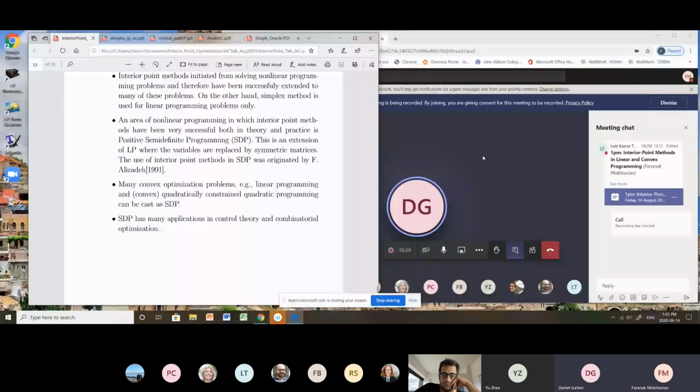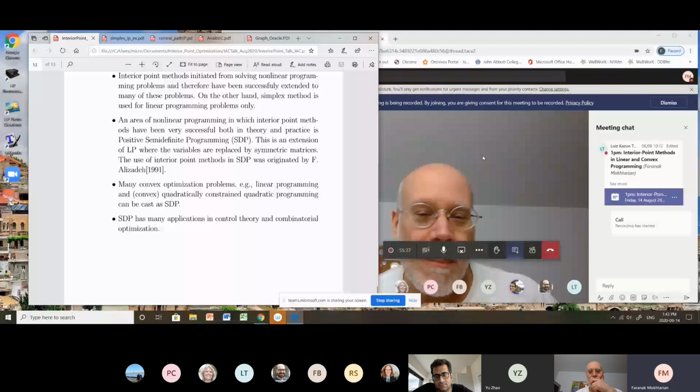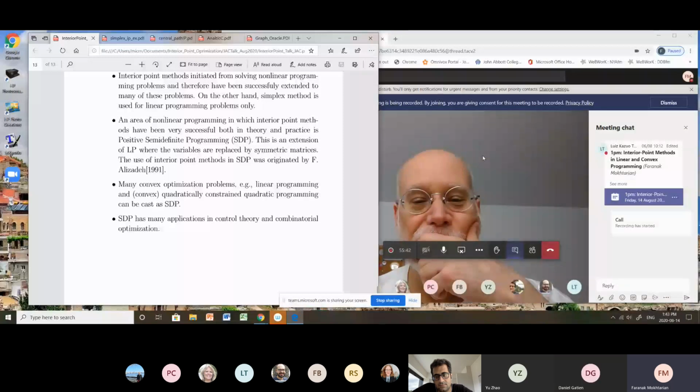Yeah, that's right. Actually Karmarkar in 1984 started the revolution. Until the early 1980s, it was just the simplex method. You just had to talk about the simplex method.